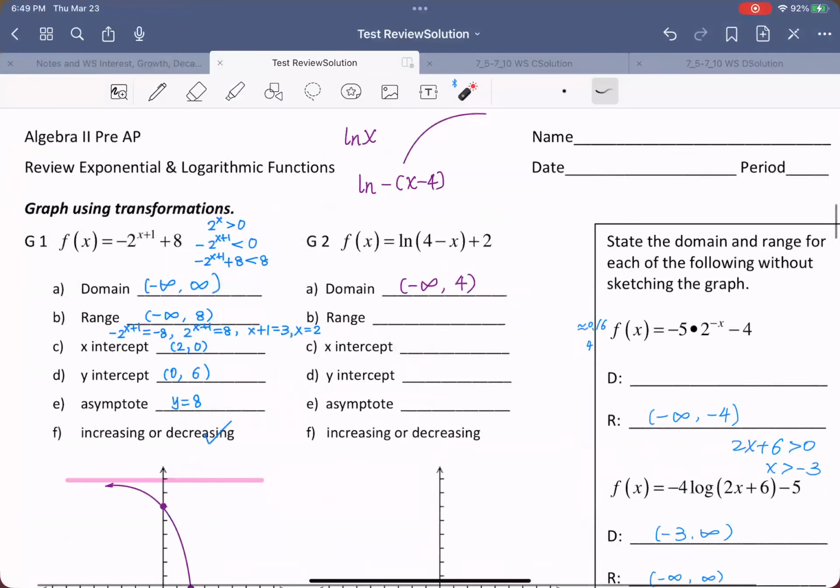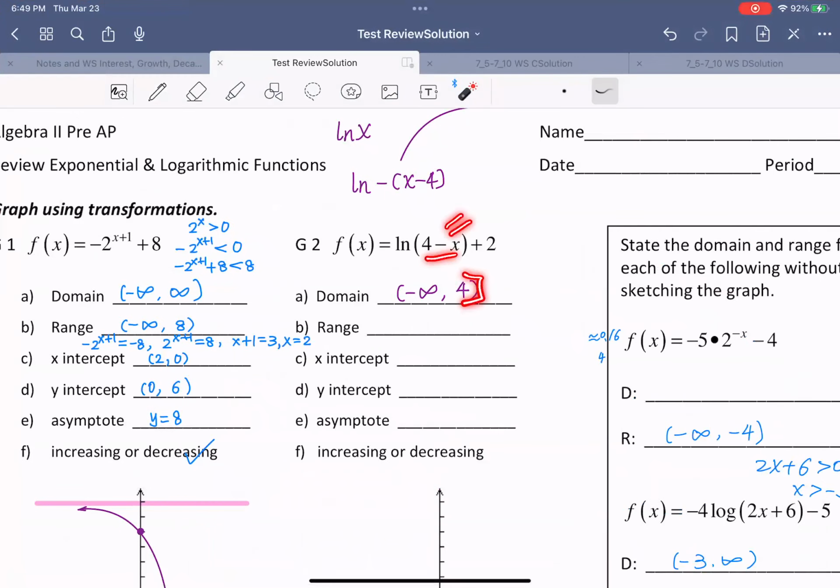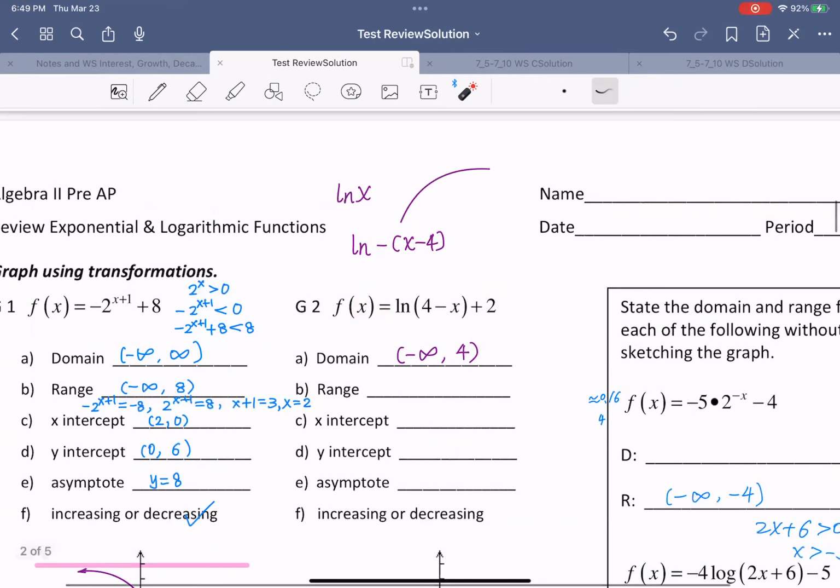It even cannot reach 0. So this cannot be closed. This is open. How much is the range? The y direction is from negative infinity to positive infinity.